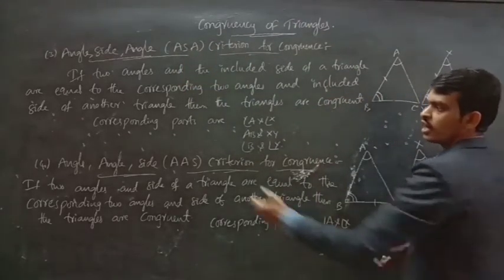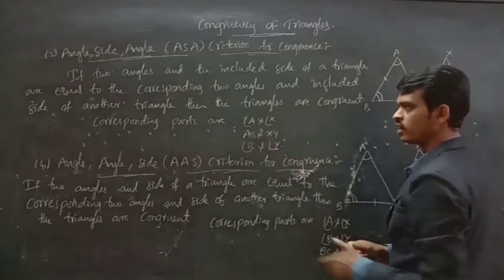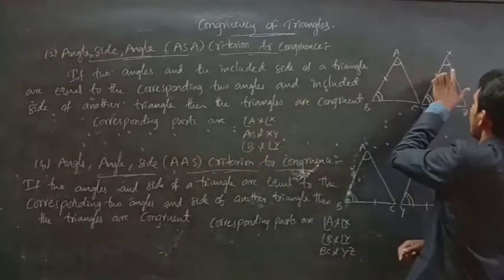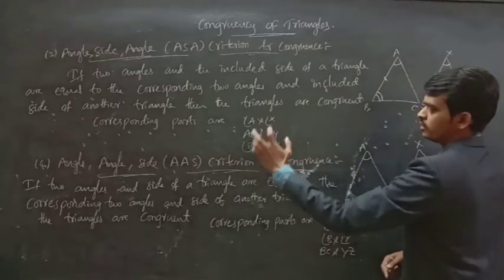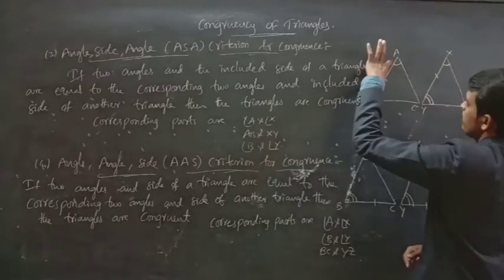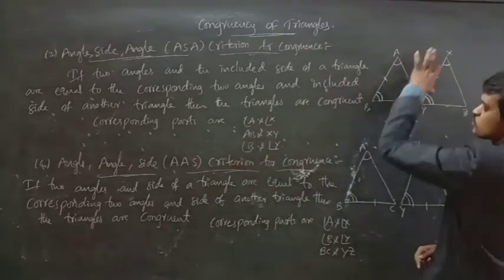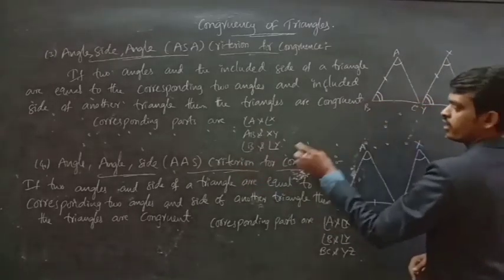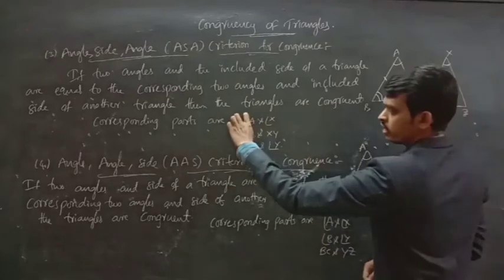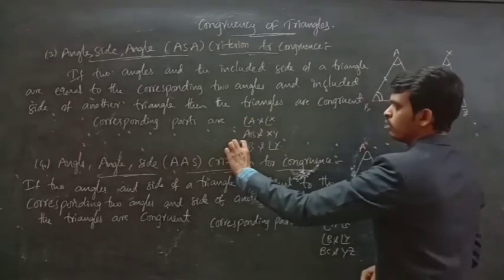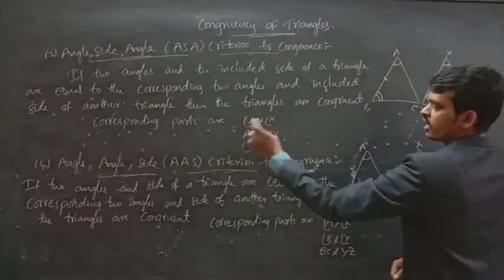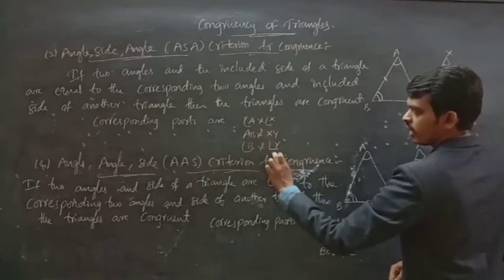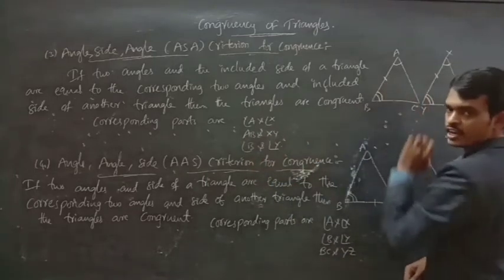So here the corresponding parts are angle A and angle X, AB and XY, and angle B and angle Y. Angle side angle. So corresponding angles and corresponding side.